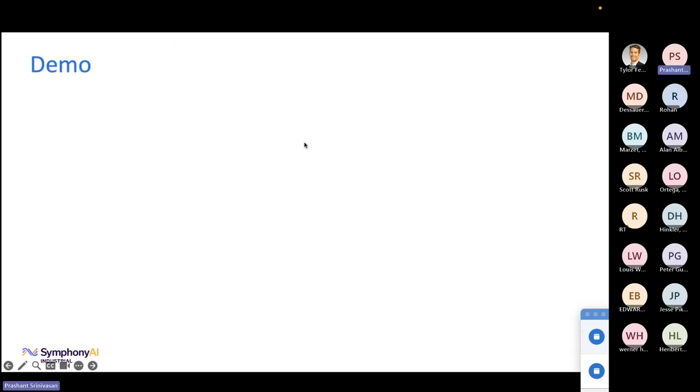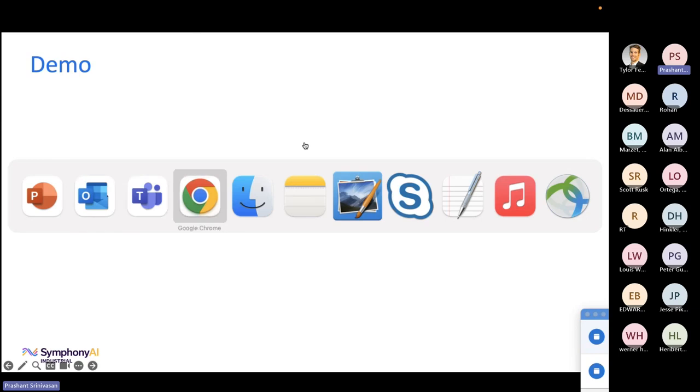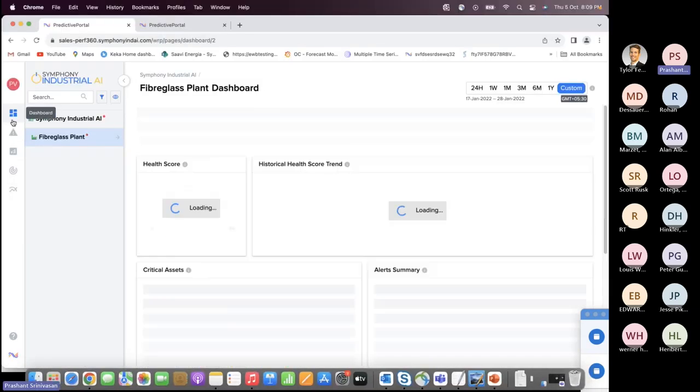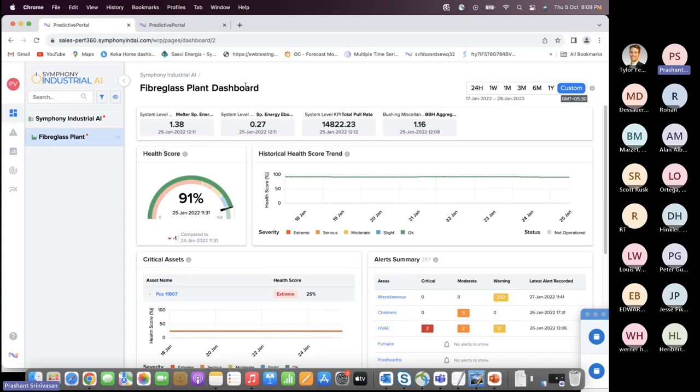So I think we'll just move to the demo now, and I just want to show you an example of a dashboard. This is the main dashboard for the glass furnace application. You will have an enterprise or a business group, and then you have a hierarchy.